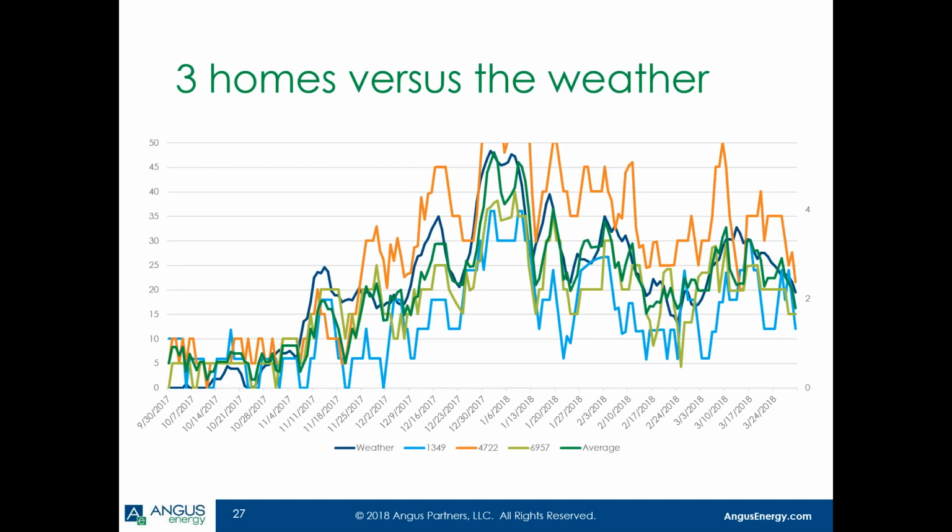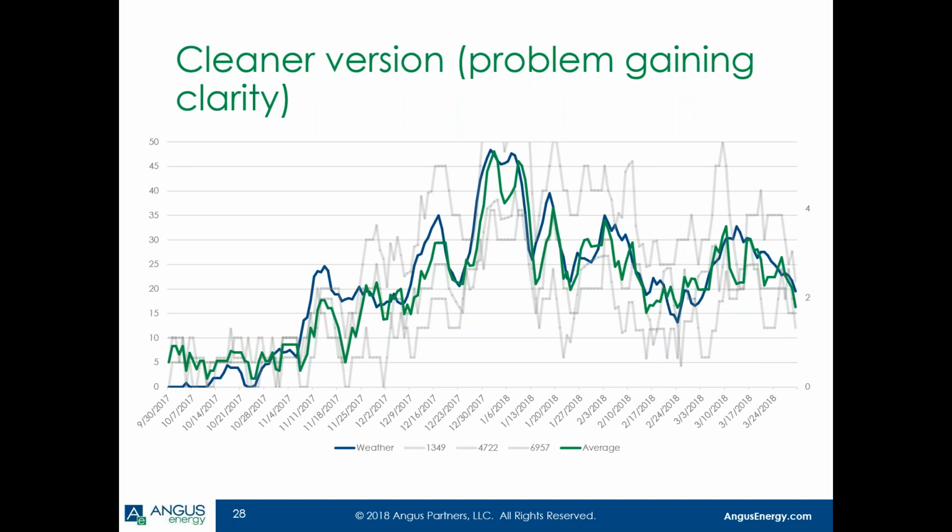Now the next slide, sorry to ruin everybody's eyes here, but this is taking all 3 of those accounts to show you how different they can be compared to what the actual weather was. The HDD said everybody should be on the blue line. The green, the light blue, and the orange are not even close. And again, if I gray all of this out and take the average of just these 3 customers, you're going to see that all of a sudden it looks again like consumption matches HDDs.